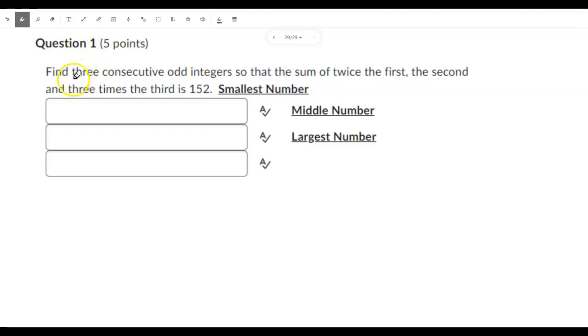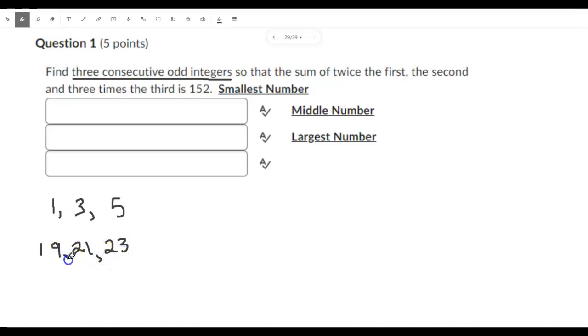First of all, we have to ask, what does 3 consecutive odd integers mean? That means that all 3 numbers are going to be in a row, but they're going to be odd. So something like 1, 3, 5, or 19, 21, 23, something like that.